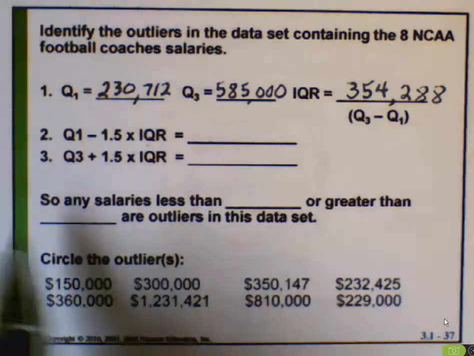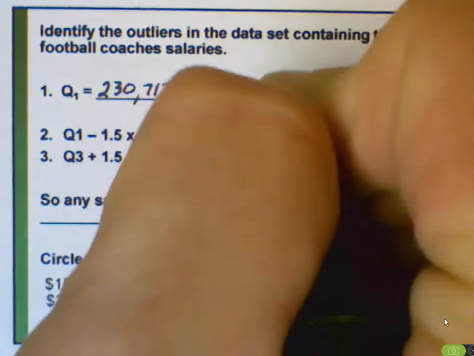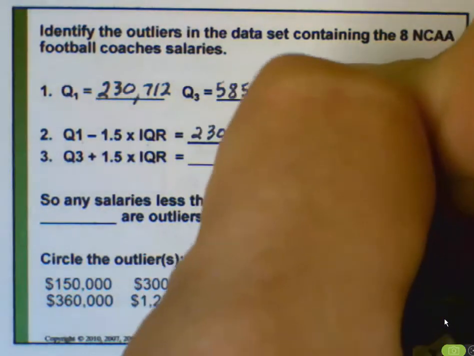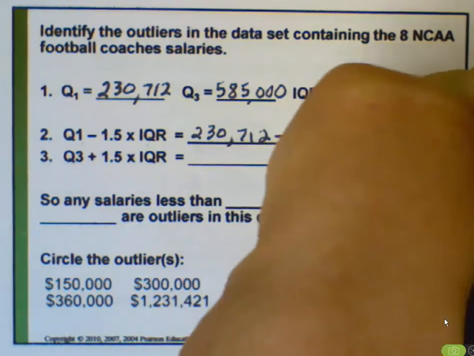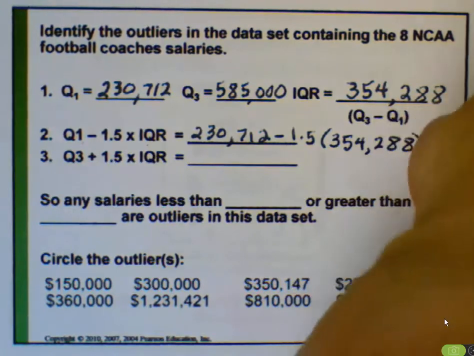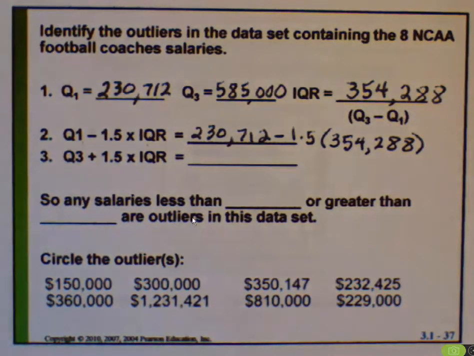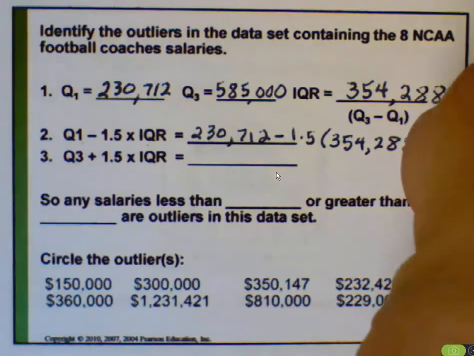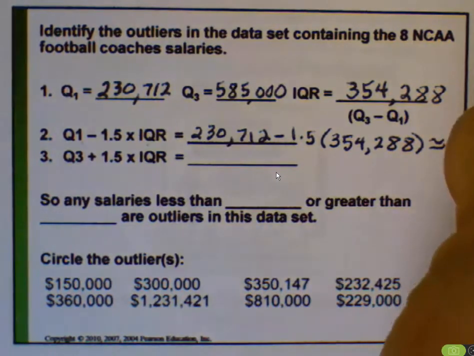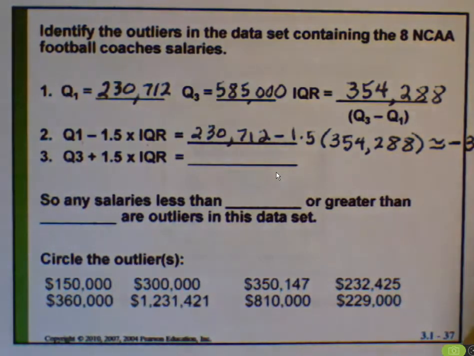I've already done that. Q1 is $230,712 minus 1.5 times the interquartile range, and that gave me negative $300,720.